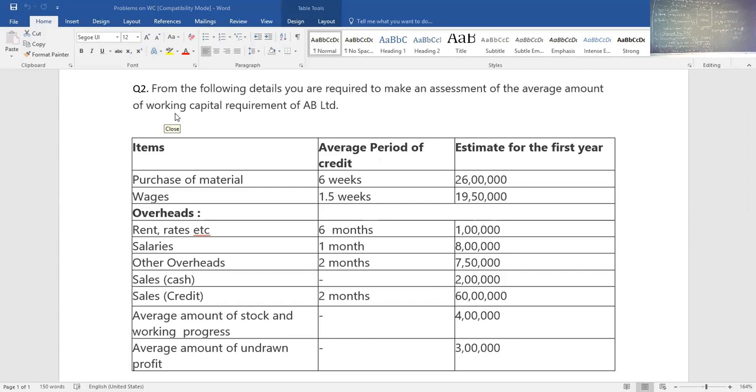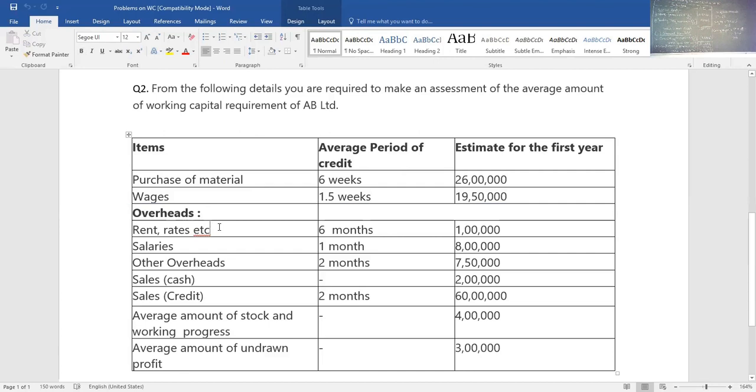Okay, you're right, it is a liability. Mohammed, wages is to be paid by the company to the workers. So when the company has to pay, how can it be an asset for you? Sorry, if it is paid, it's a liability, ma'am. You have to pay 19,50,000 within a duration of 1.5 weeks. So that is nothing but lag in payment. You have delayed the payment of wages, otherwise called outstanding expenses.